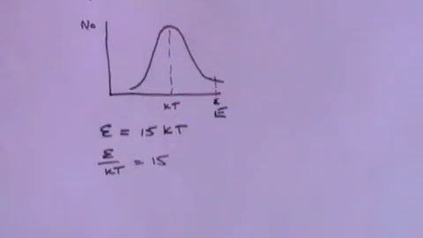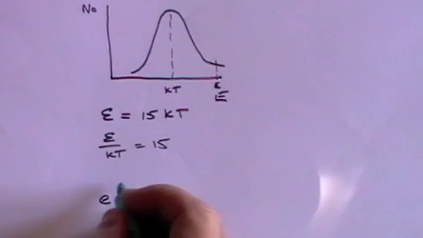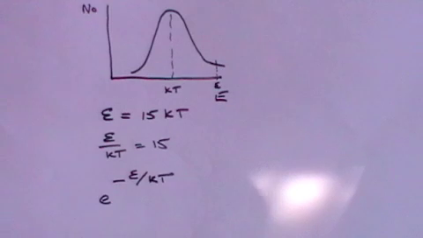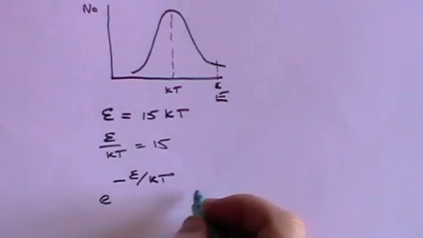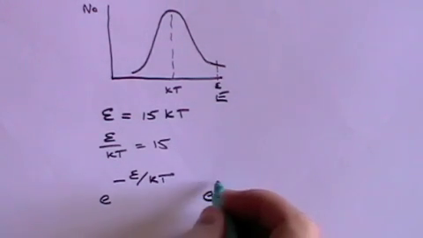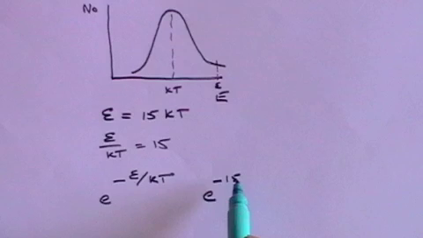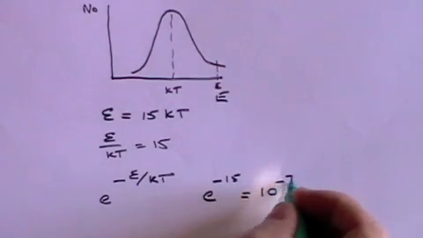And that enables us to talk about what's called the Boltzmann factor, which is the exponential of minus epsilon over kT. And what we said was that if epsilon over kT is 15, then the process will begin to start, which means that e to the minus 15, because epsilon over kT is 15, equals approximately 10 to the minus 7.